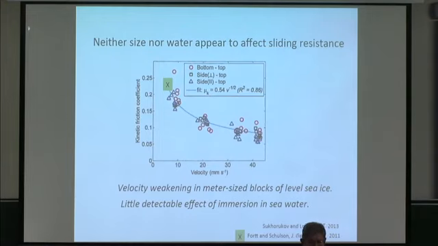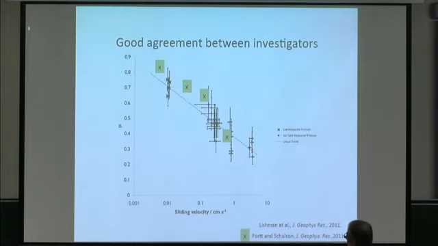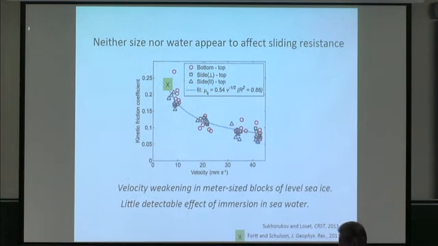And I'm showing here their results, at somewhat higher velocities than were obtained in at least my laboratory. My laboratory results, if I put them here, are at lower speeds, or somewhere here, and at least they fit on the curve that was obtained in the field, sea ice blocks sliding over itself, whether top of block sliding on top, or side of block, or bottom sliding on bottom, doesn't matter too much.